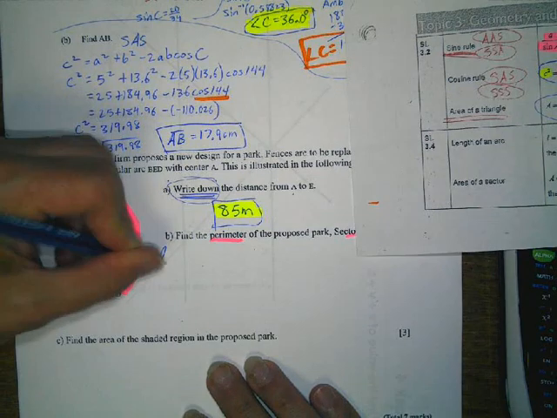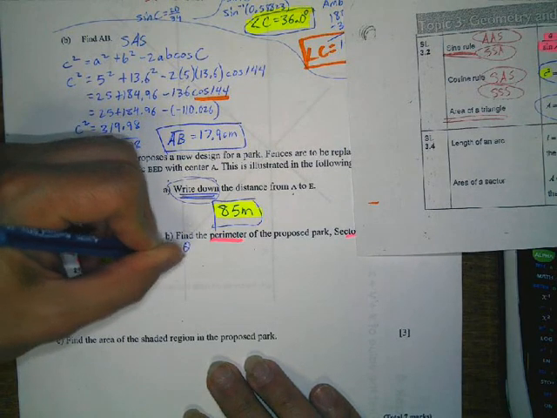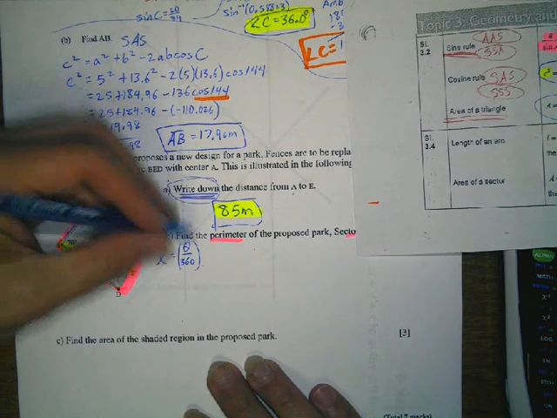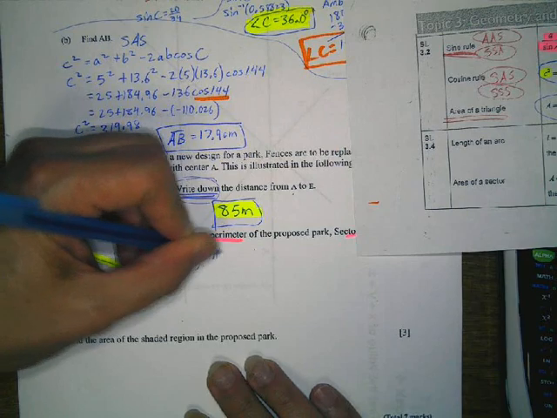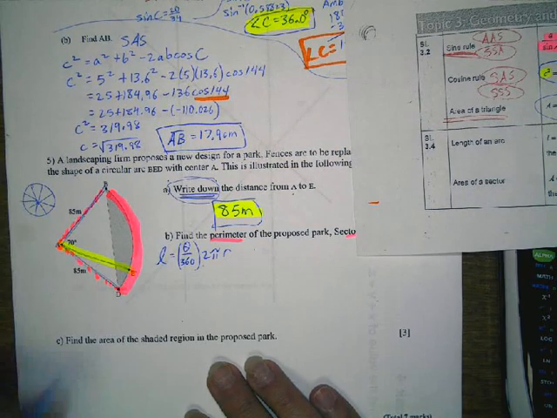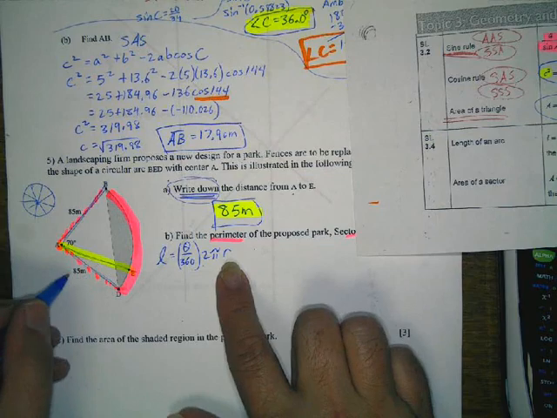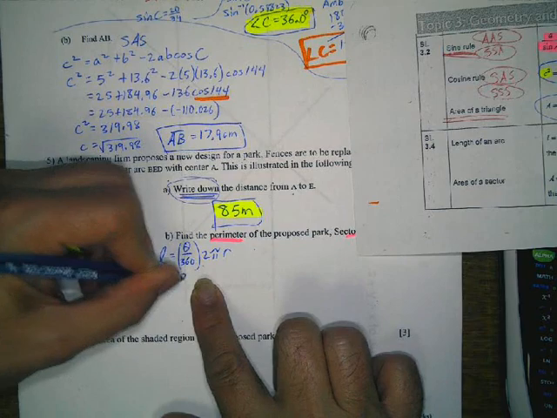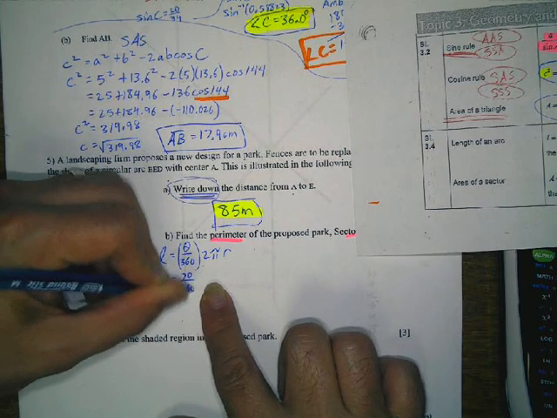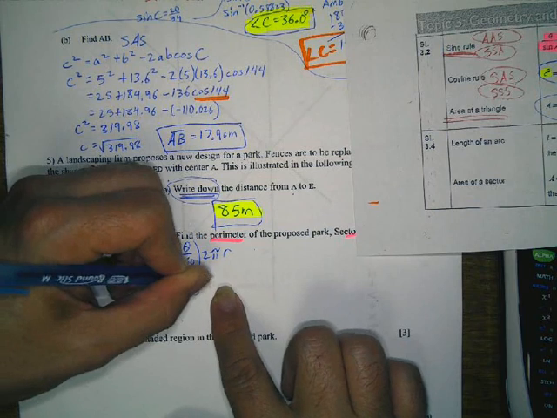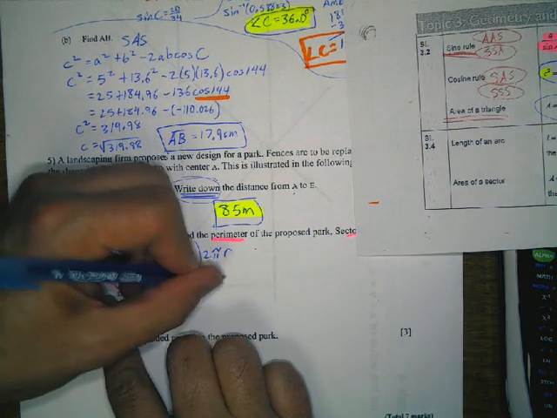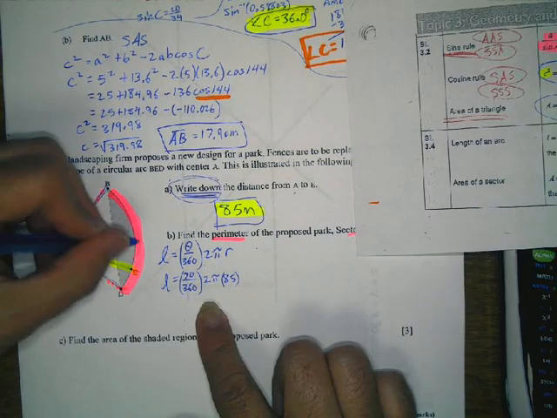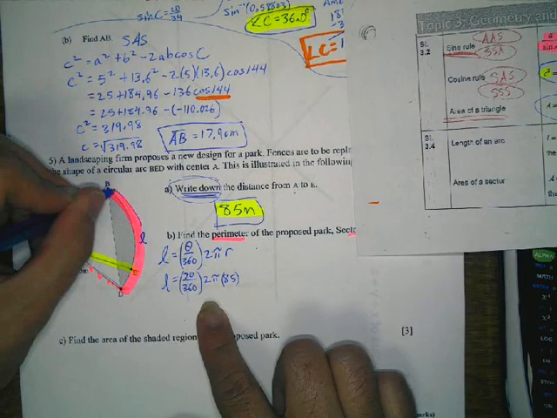The length of an arc equation is theta over 360 times 2 pi r. Okay, so we know our radius is 85, and we know our angle is 70. So I'm going to replace that information. So I've got 70 over 360 times 2 times pi times 85. And that is the length, L.